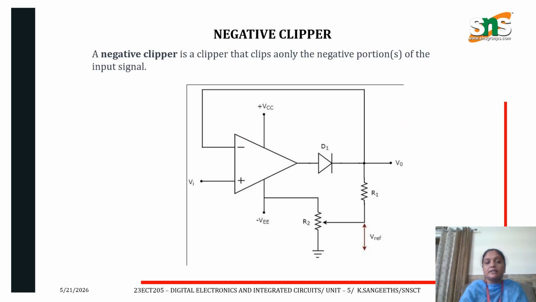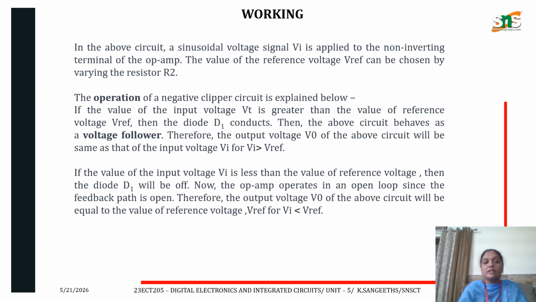And this is the circuit of the negative clipper. Again, there is an operational amplifier and a diode, and R1 and R2 are used to set the reference voltage. Here the diode is connected in the opposite direction as seen in the positive clipper. Here also the same working principle works.